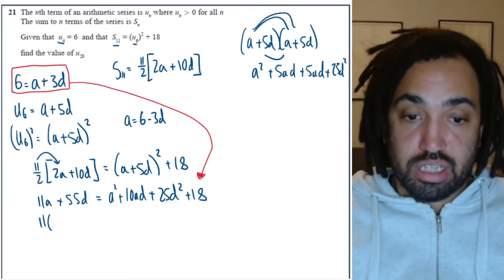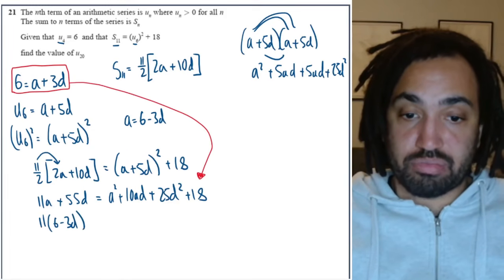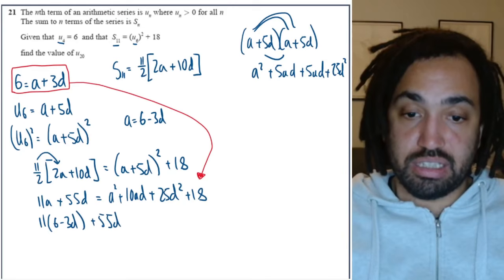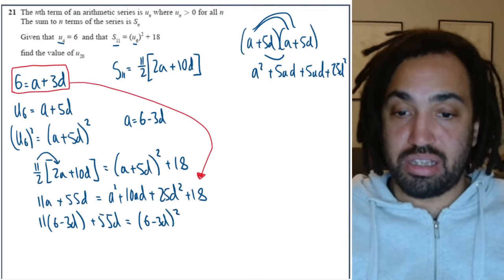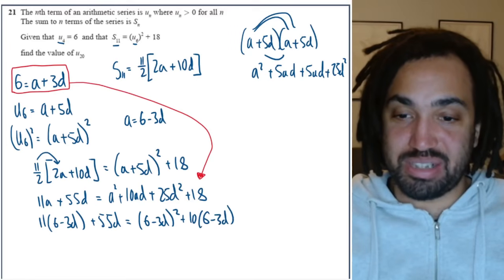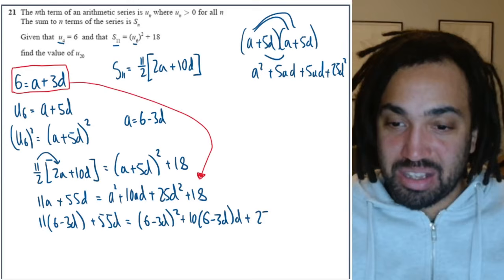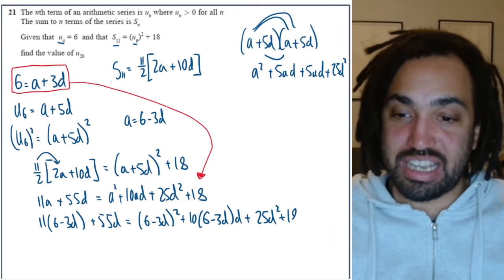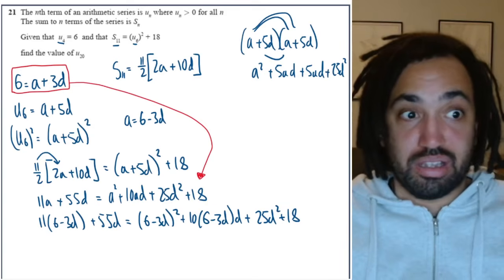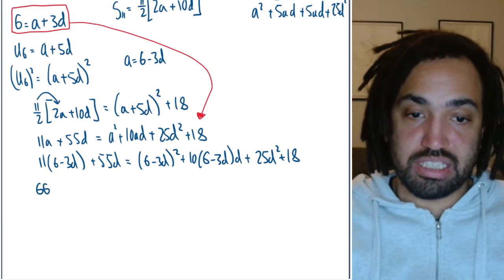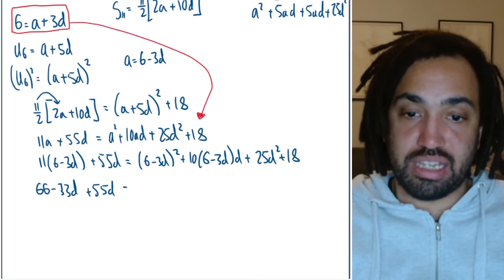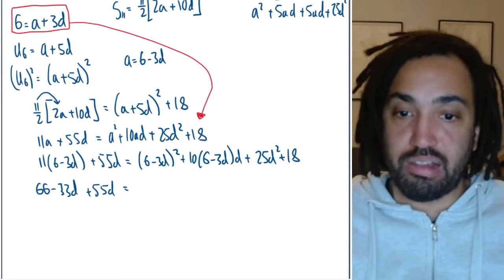So this is 11 times 6 minus 3d plus 55d is equal to 6 minus 3d squared plus 10 times 6 minus 3d. This question is insanely difficult. Plus 25d squared plus 18. Okay, right. Let me just scroll down a bit to get some more space. And let's expand. 66 minus 33d plus 55d is equal to, well, I could expand this double bracket.